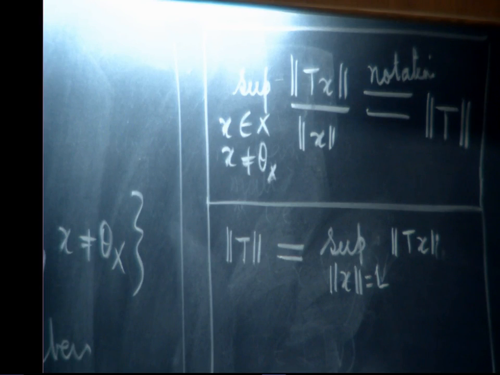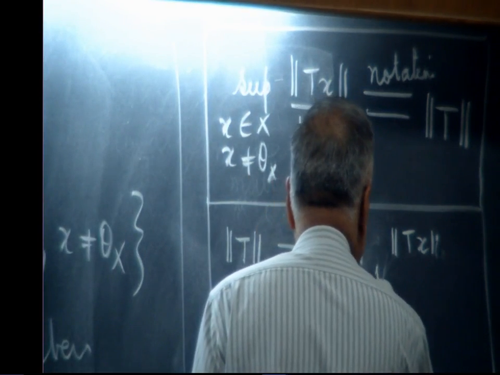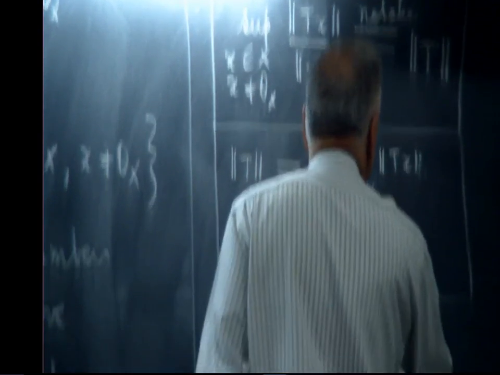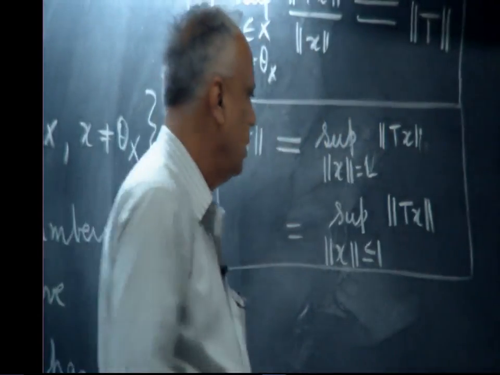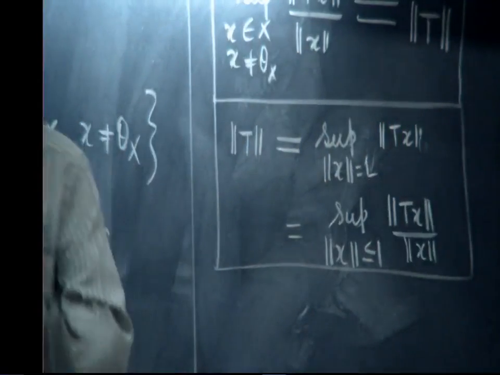So it can be written like this, or it can also be written as, you look at the entire unit ball and look at the ratio, and that will still be norm T. So the norm T can be written in many ways.